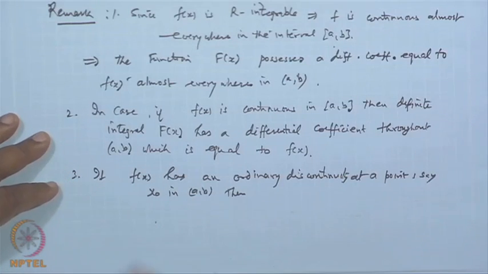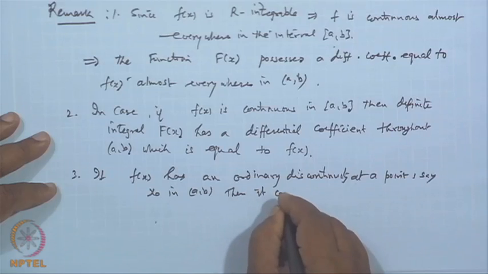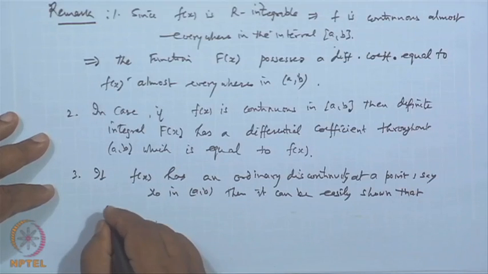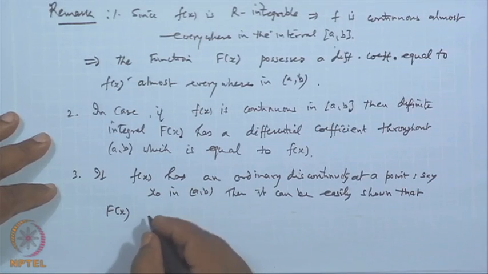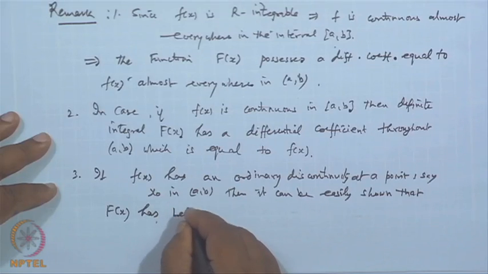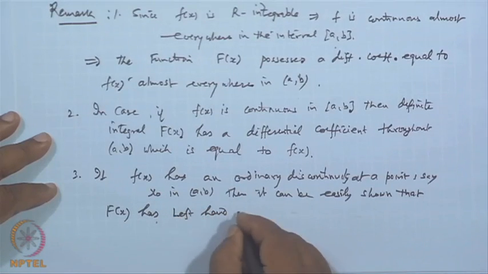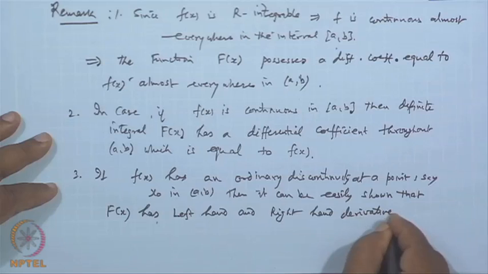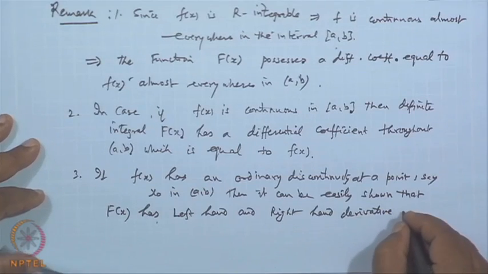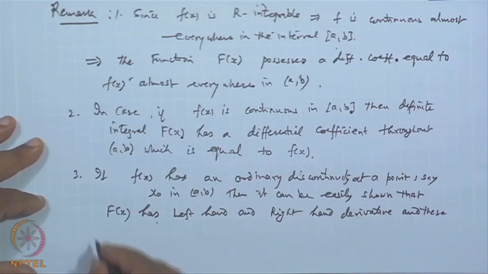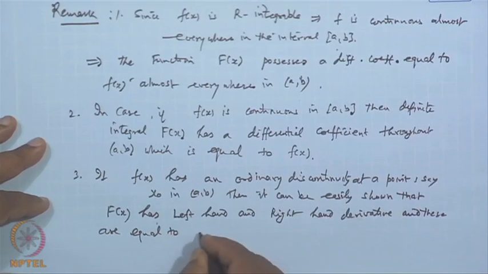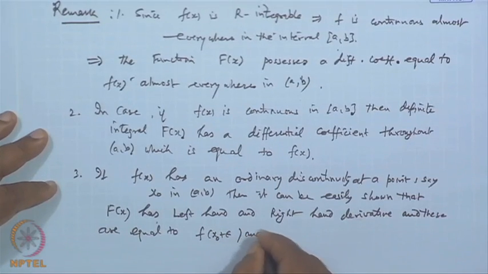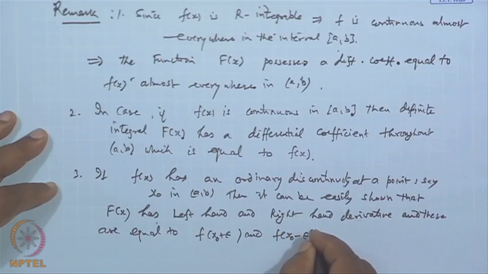Then it can be easily shown that the function capital F(x) has left hand and right hand derivatives, and these are equal to f(x naught plus) and f(x naught minus) respectively.